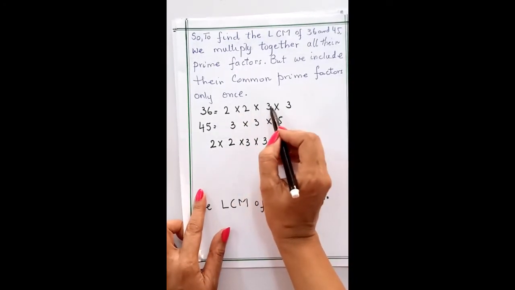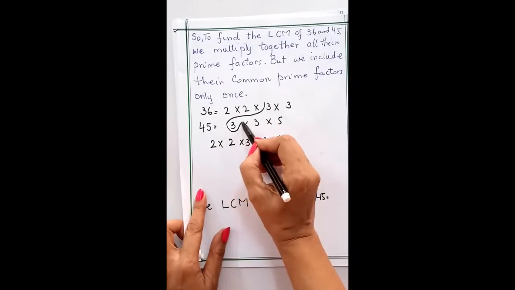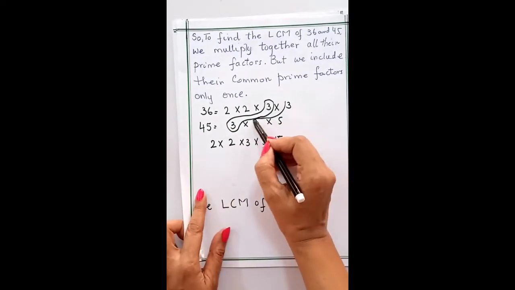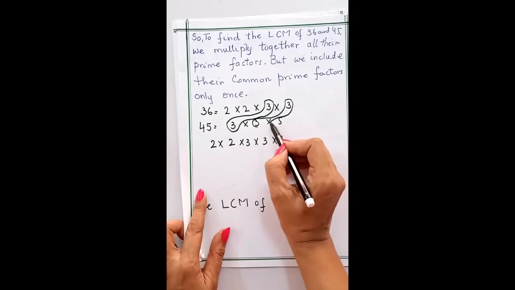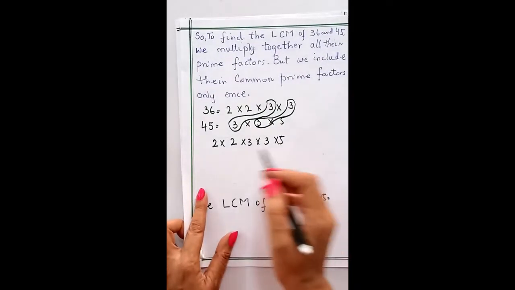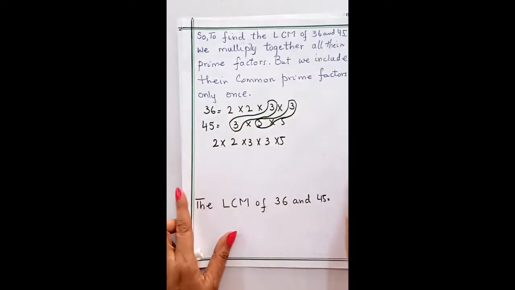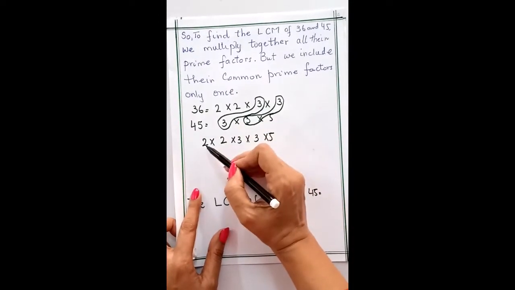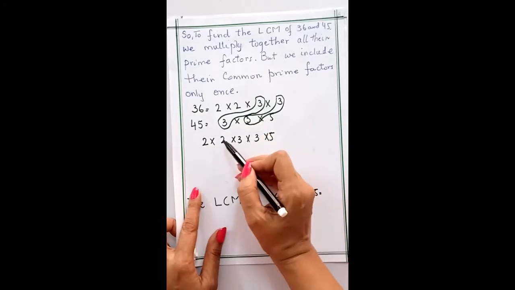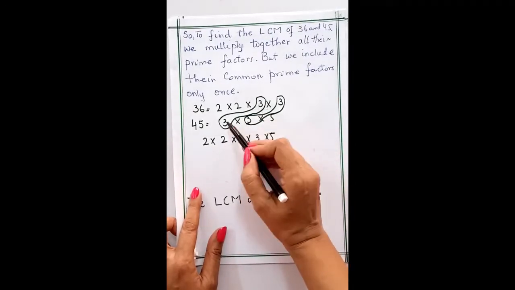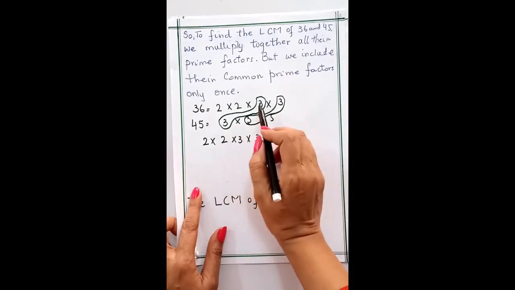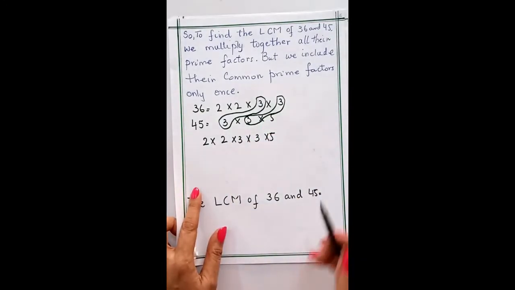Here 3 is the common factor, and again this 3 is the common factor. So it means we will write 2 multiply by 2 multiply by 3, because 2 3s are common factors.